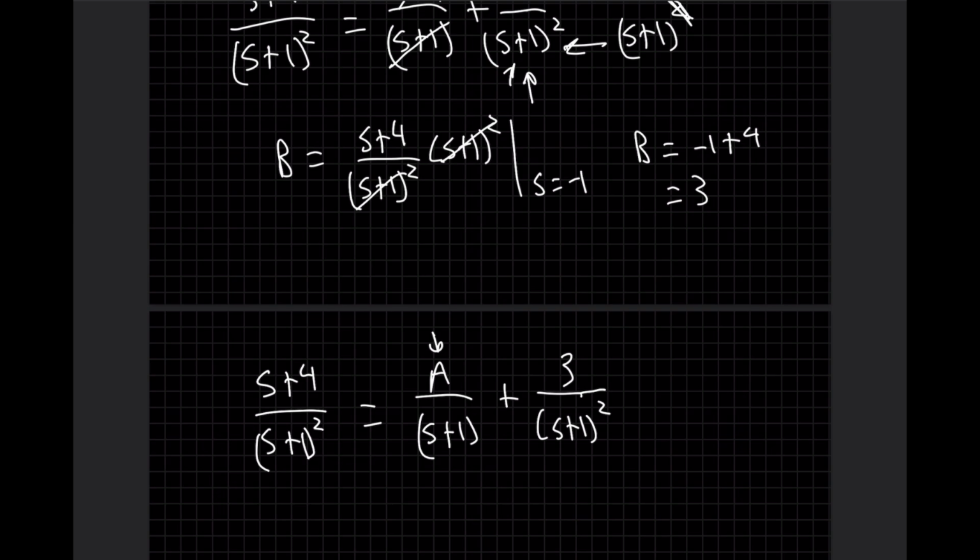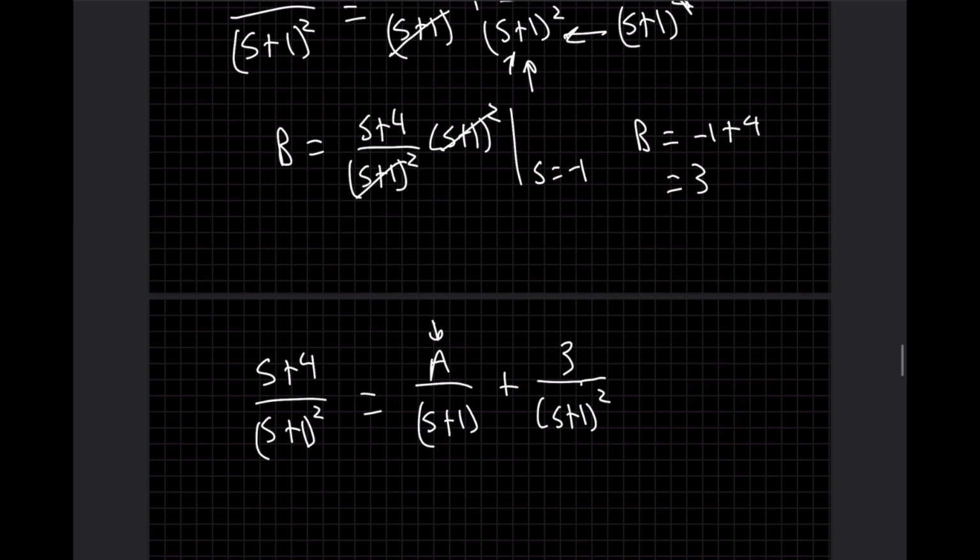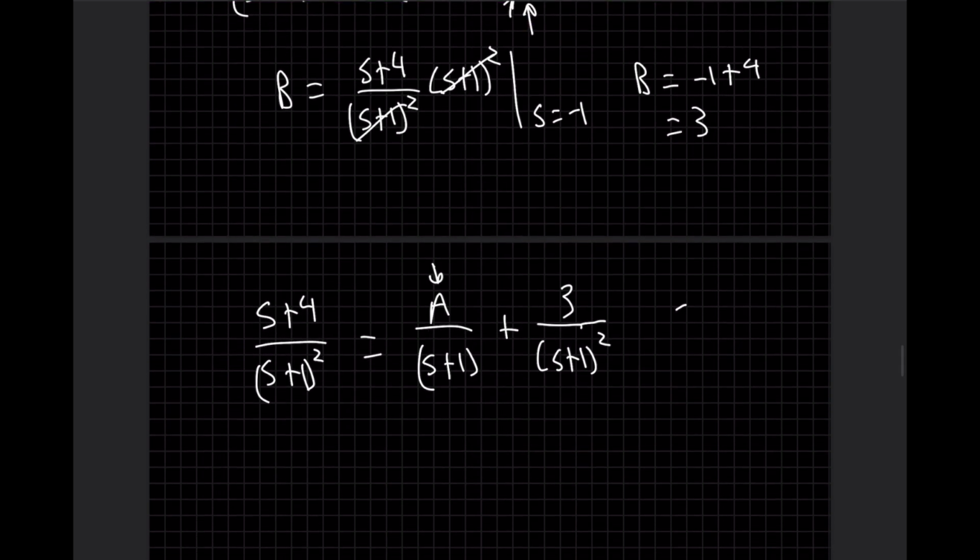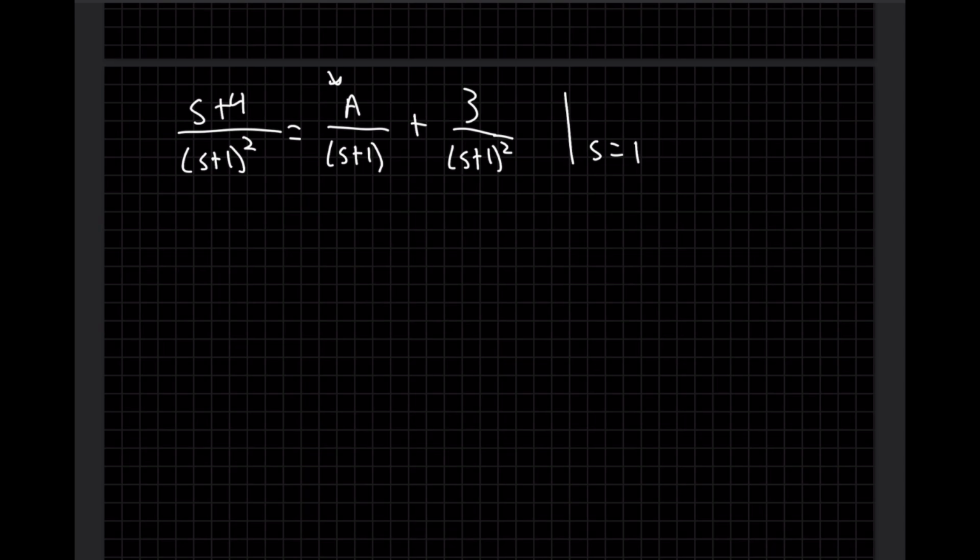So let's choose s equals 1, and from here we solve where s is equal to 1 and we solve for a. So we get 5 over 4 equals a over 2 plus 3 over 4. Subtract 3 over 4 on both sides.